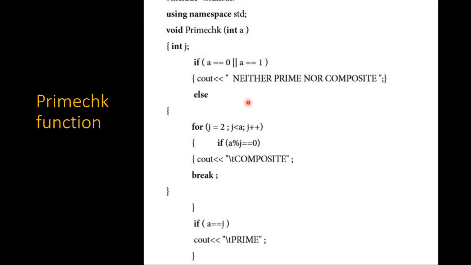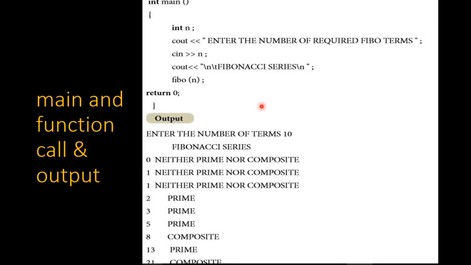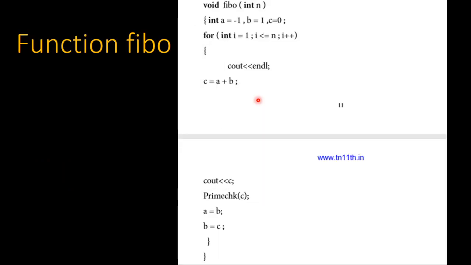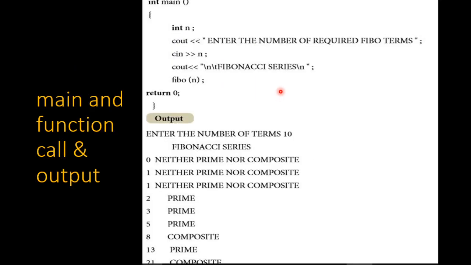The second one is the Fibonacci series function, which generates the Fibonacci series. And the main program generates the Fibonacci series using the function fibo of n. Then this is the output of the program.